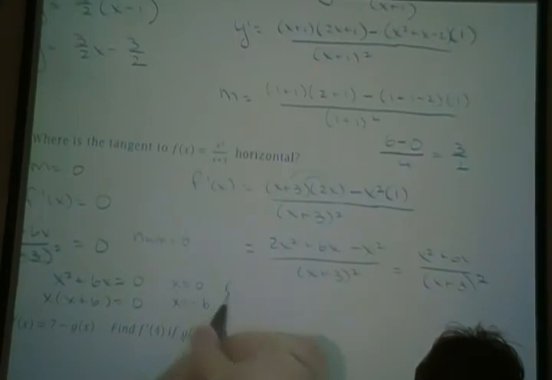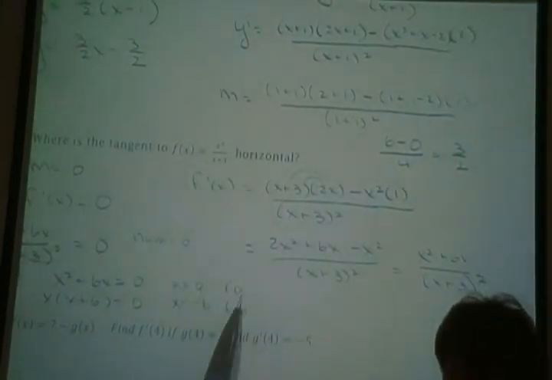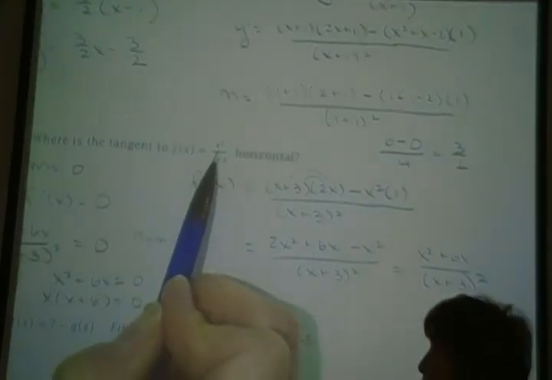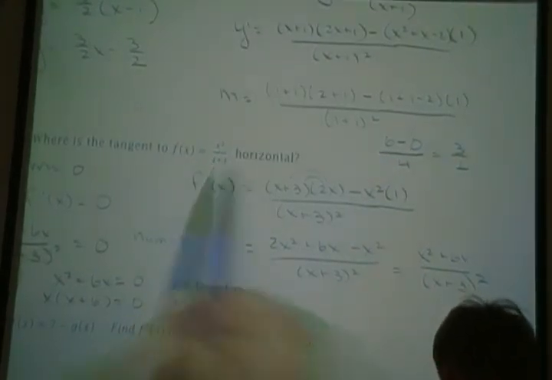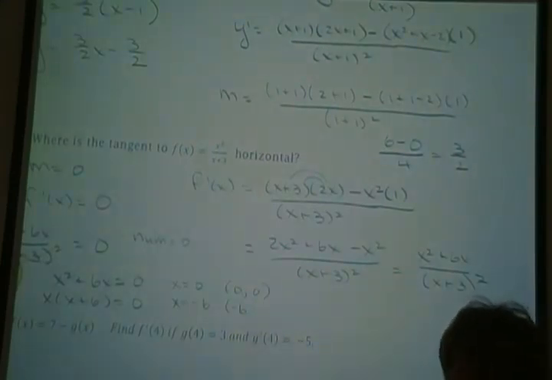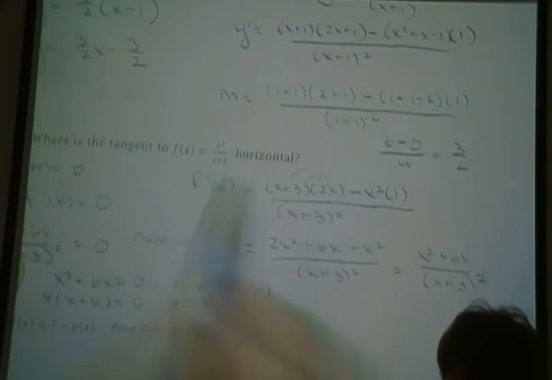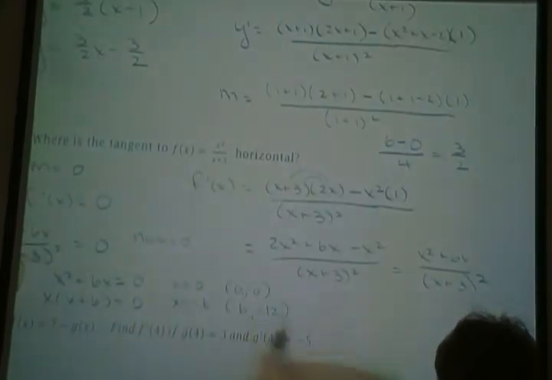To write your final answer, though, write the point that we're talking about on this curve. So x is 0, plug 0 back into your function, 0 over 3, that's the point 0, 0. Negative 6, plug it into your function, 36 over negative 3, negative 12.